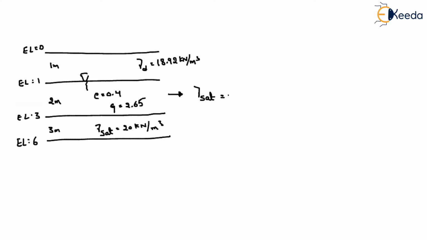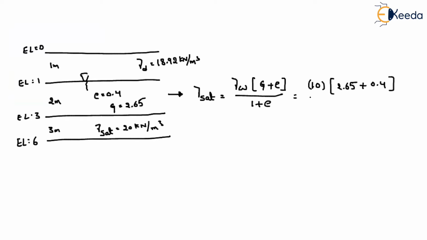The formula is gamma_sat = gamma_w times (G + e) divided by (1 + e). Let us consider gamma_w equal to 10 kilonewton per meter cube. So 10 times (2.65 + 0.4) divided by (1 + 0.4).